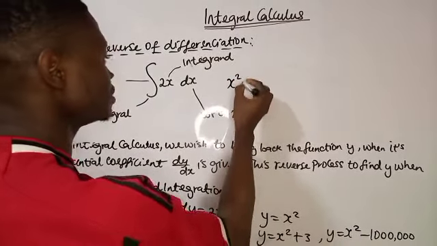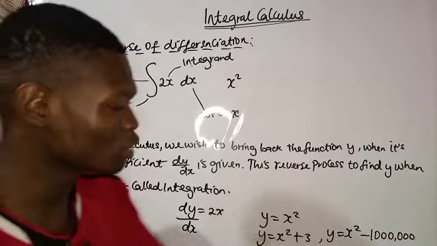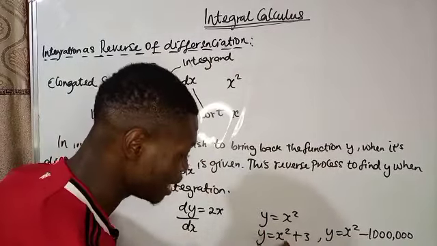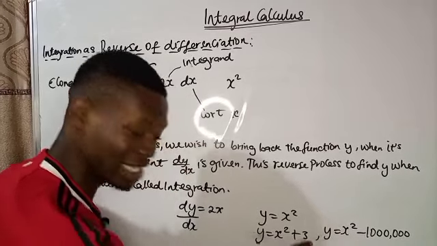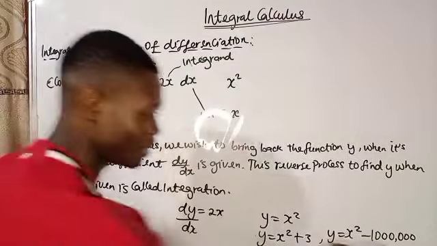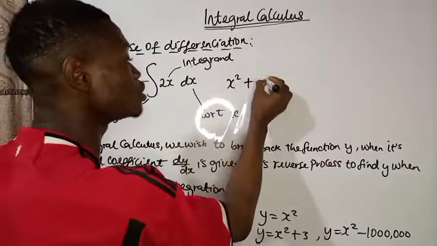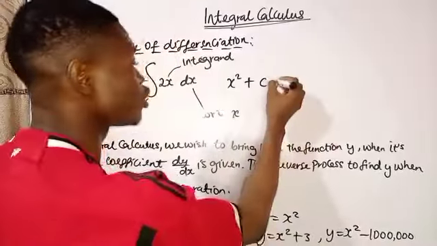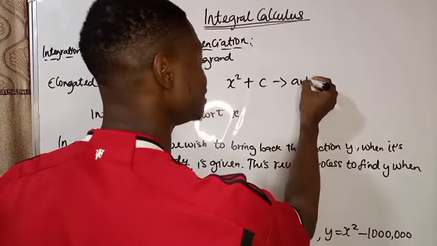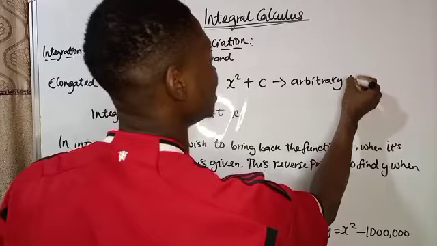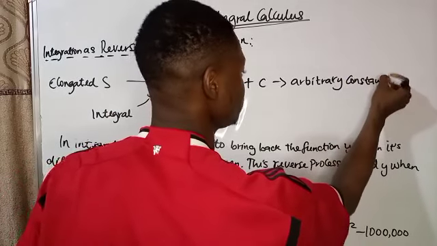Now, when we integrate this, I will not tell you the formula now, but it is x squared. Because of this argument, uncle, that it is x squared minus 100, and because if you differentiate x squared plus 3, the 3 is a constant, so differentiating it gives 0, that is the reason we put plus c. This c is called the arbitrary constant.